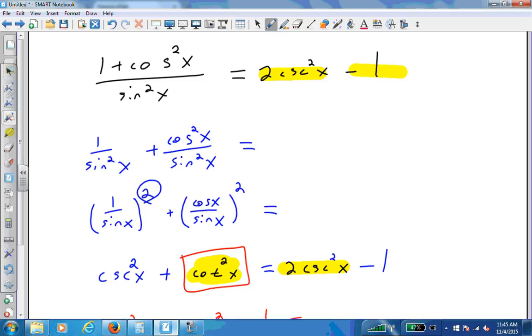So that would have given us 2 over sine squared. We could have gotten a common denominator, written out as a single fraction. That would have given us some sine squares on top. We could have changed that into cosine squares so that they would have matched. So we could have done it by changing to cosine squares and sine squares.